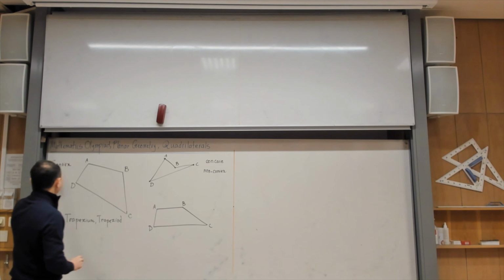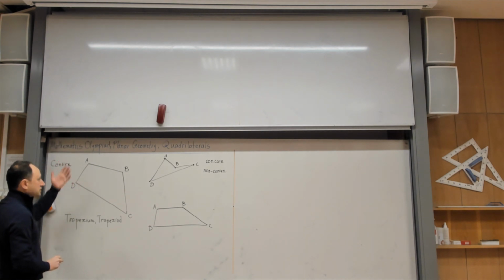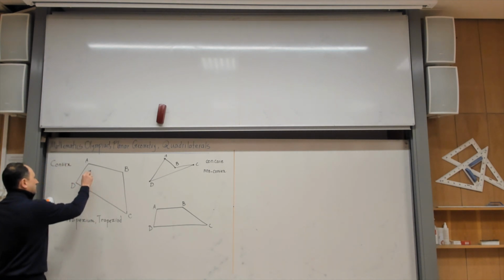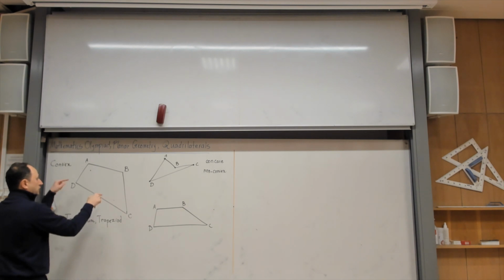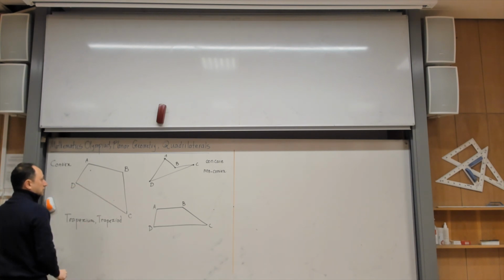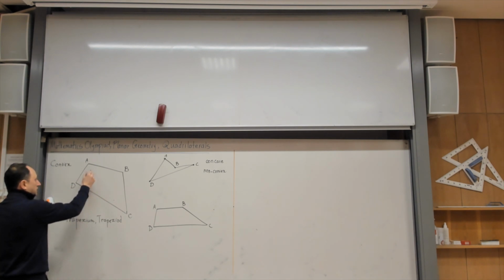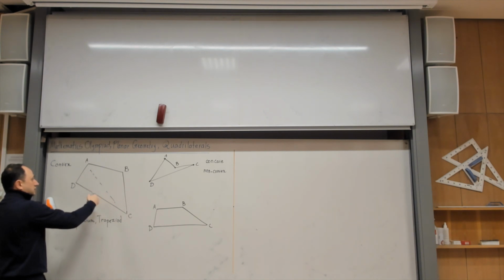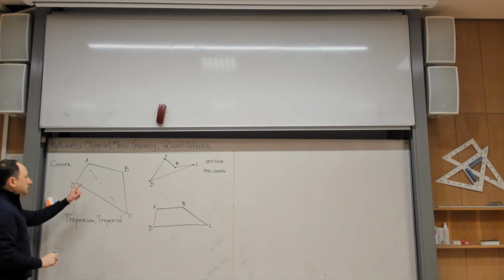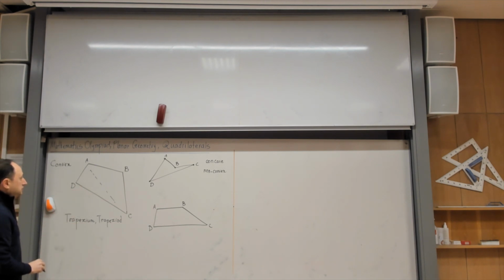And by the way, I didn't say what is the convex. So the convex means that whenever you choose any two points interior to the quadrilateral and then you join them, every point on this line segment lies in the interior to the quadrilateral.